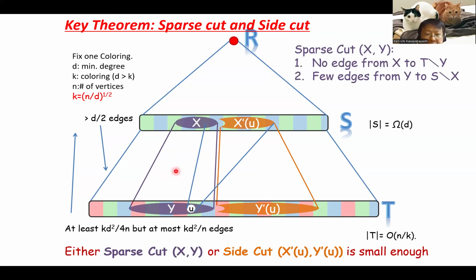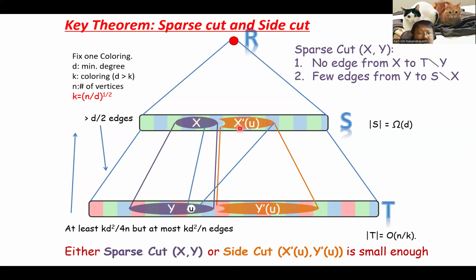In this work, however, we do a little bit more. We first take a sparse cut, and then we find a side cut. This is orange. A side cut means that we have some vertex which has some neighbor here, and the second neighborhood goes like this outside here.